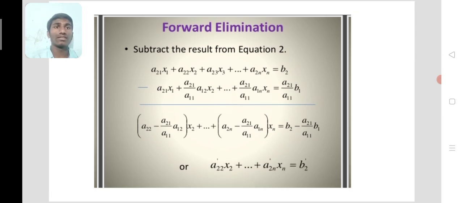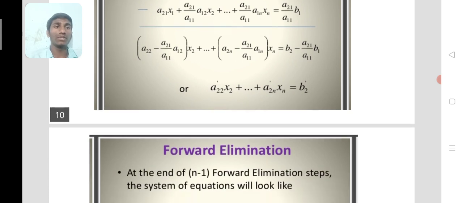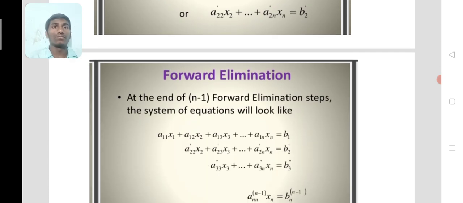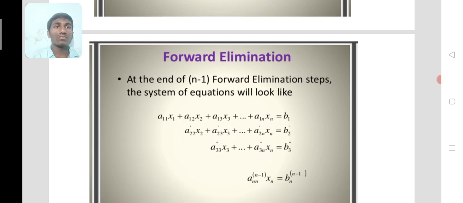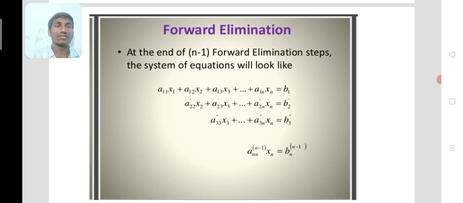So we get a22 x2 plus a23 x3 and so on equal to b2. At the end of n minus 1 forward elimination steps, the system of linear equations will look like a11 x1 plus a12 x2 plus a13 x3 and so on equal to b1.